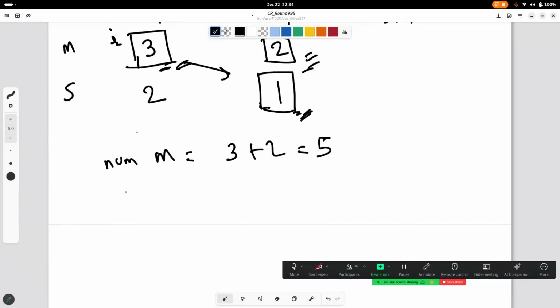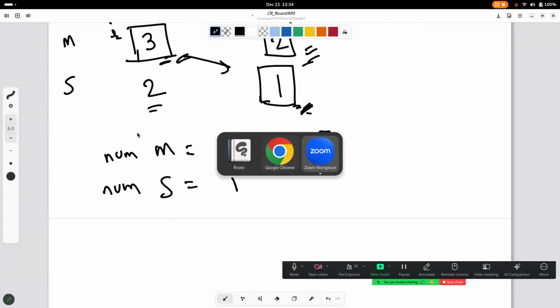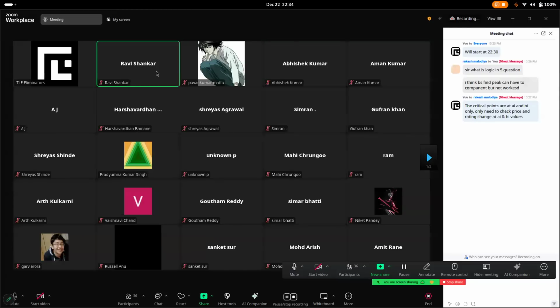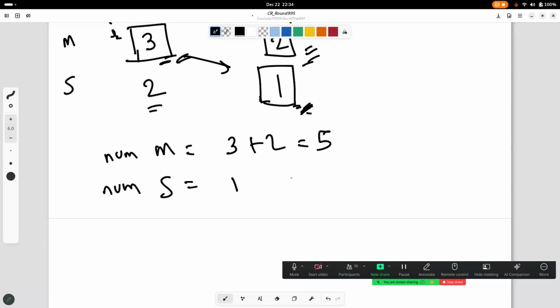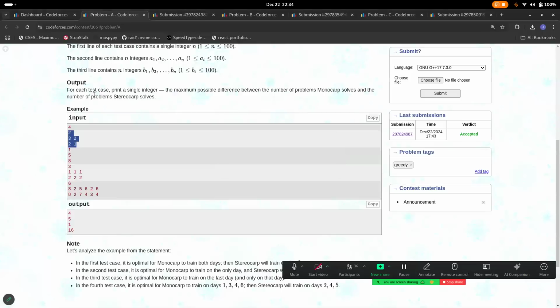And on Stereocarp's side, he has solved exactly 1 problem. He can't solve any other problem. So our answer is 5 minus 1, that is 4. And yeah, 4 is the answer here.